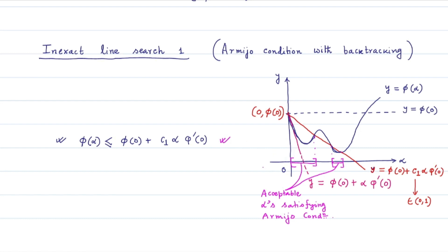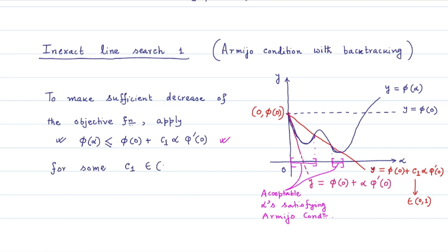So the Armijo rule states that to make a sufficient decrease of the objective function, we need to apply a rule like this inequality with the value of C1 lying in between 0 and 1.